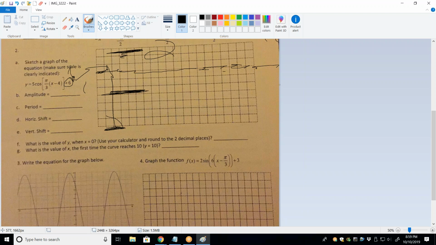If I start on the far left and go 4 units to the right, that's my new axis right there. So now I have 2 parts of that grid. So all I've got to do is draw a cosine curve that fits that. Well, I know where the cosine curve begins. It begins right there, right?